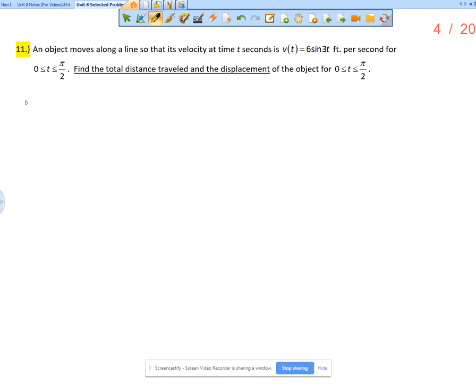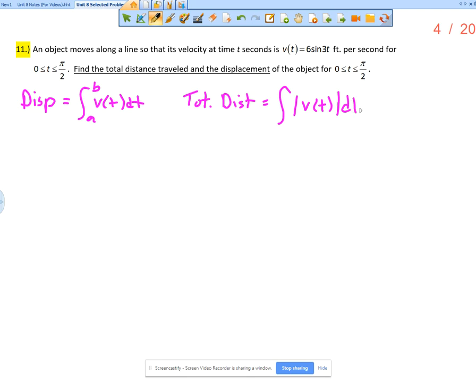All right, so what we need to remember: the displacement is the integral of the velocity from a to b, and the total distance is the integral of the absolute value of velocity from a to b.